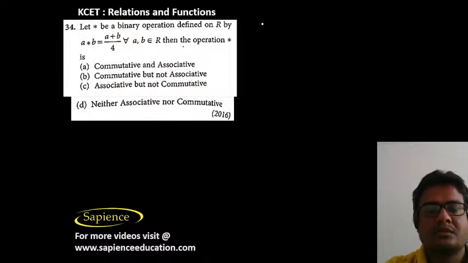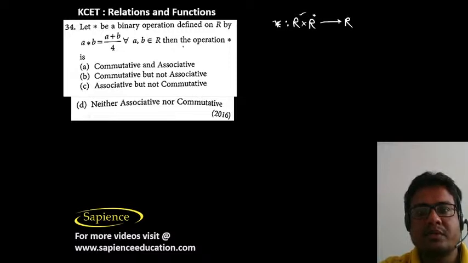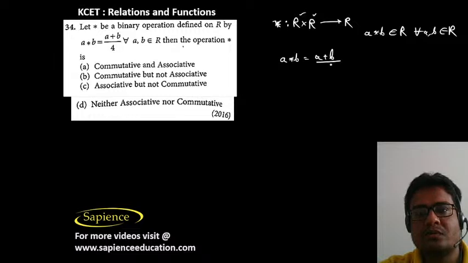Then it is told here, let star be a binary operation which is defined on the set R. So it maps from the set R cross R to R. So it means that both the inputs should be real numbers and the output, which is A star B, also should be a real number. So A star B also should belong to R for all A, B belonging to R. So then it is called a binary operation on the set R. So here A star B has been defined as (A plus B) by 4.